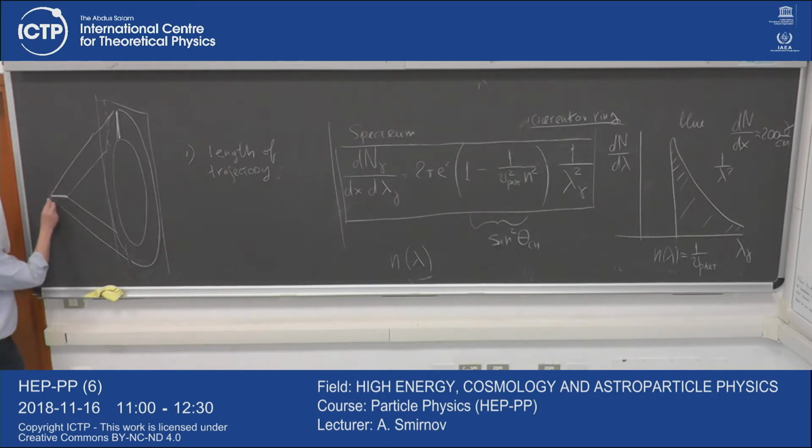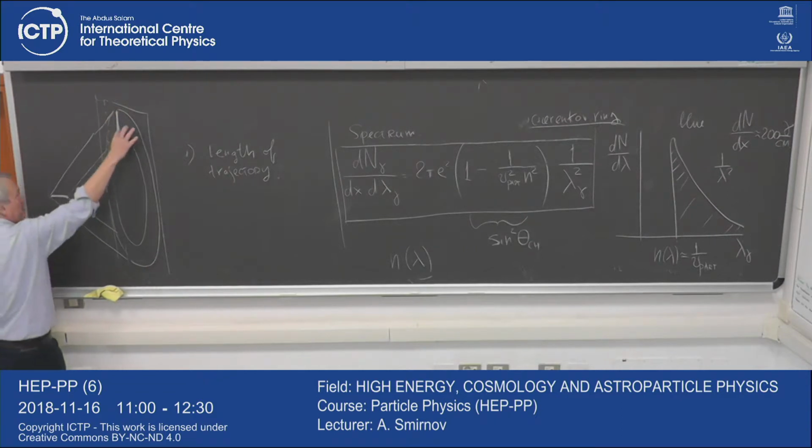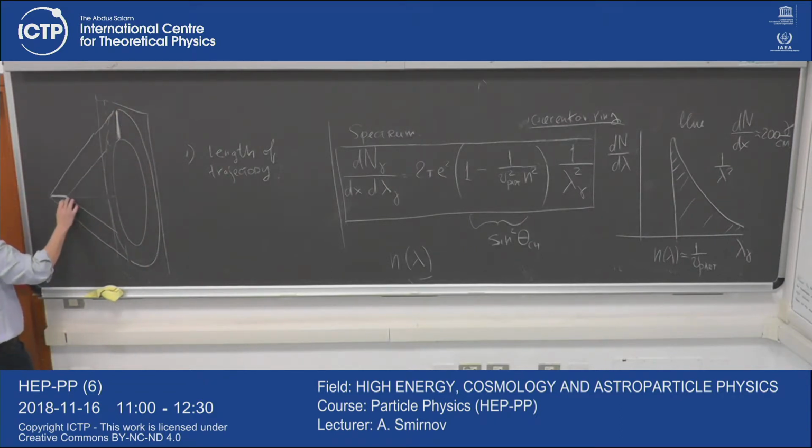So this is the length of the particle produced here and then absorbed here. Of course, if the particle has a long trajectory, you will not have a ring, but the whole area will be filled by the light, right? So the width of this ring is related to the length of the trajectory.